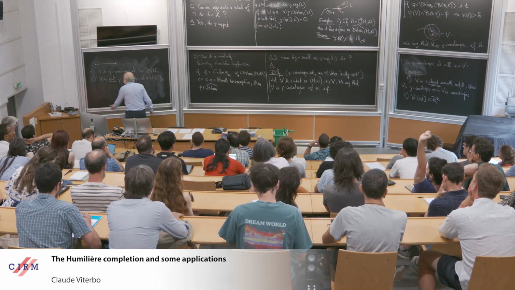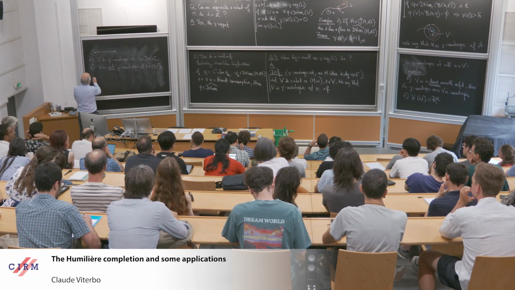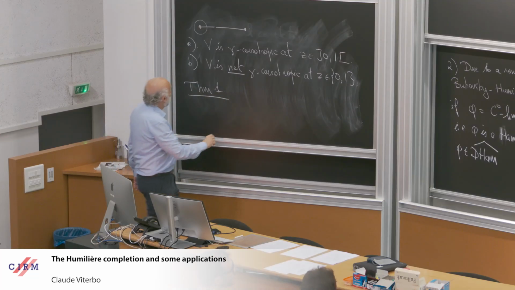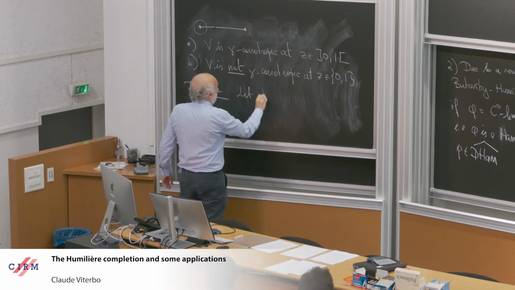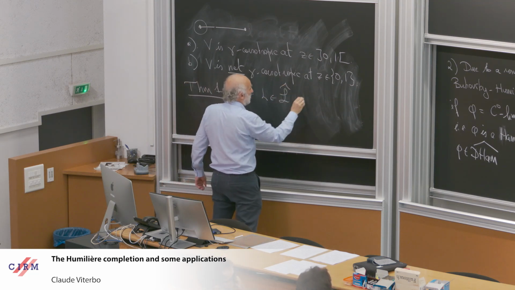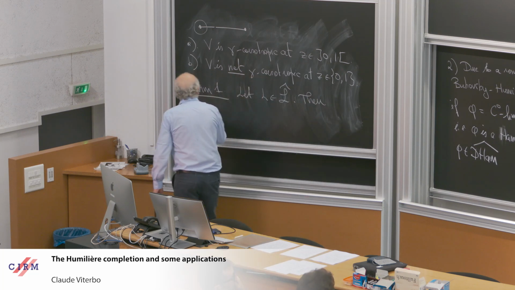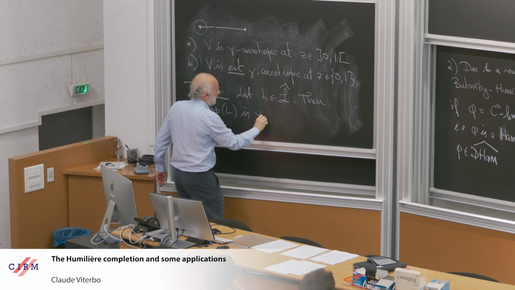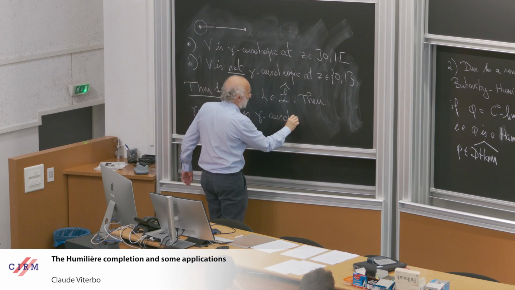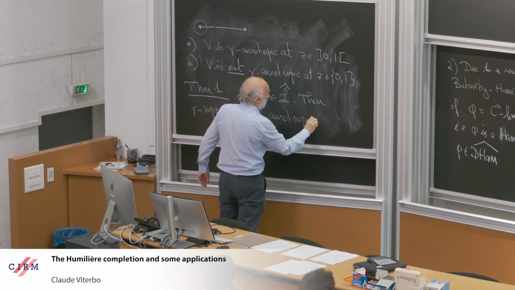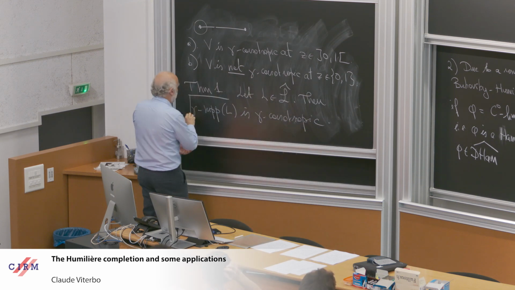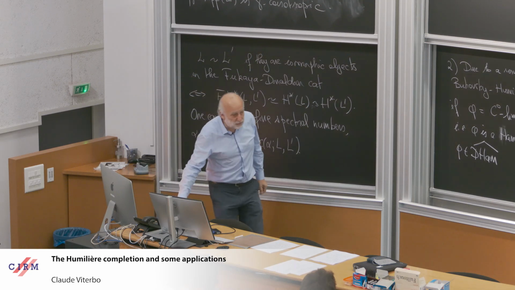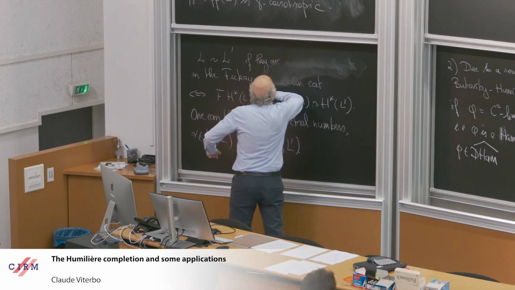and so now I can state theorem 1, which says that let L be in L hat, then the gamma support of L is gamma coisotropic. And there's a consequence to that, which is not that difficult to prove.